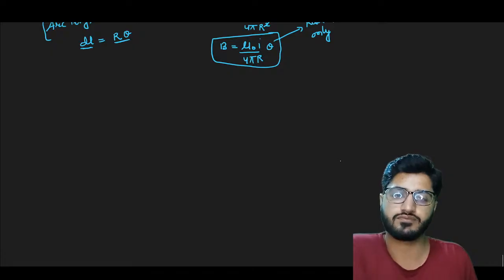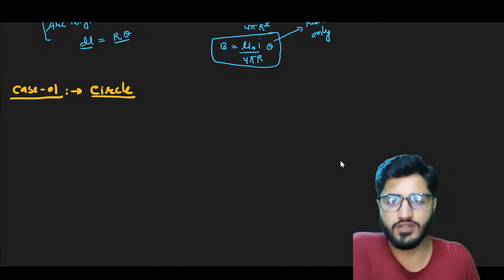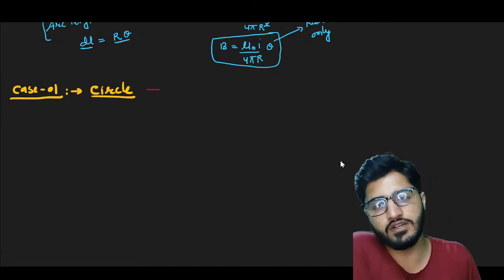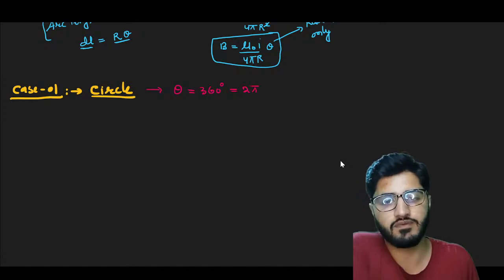Now we may be having different cases. Case number first: if we are dealing with a circle, what is theta in a circle? Sir, theta is 360 degrees. 360 means it is 2 pi radian.